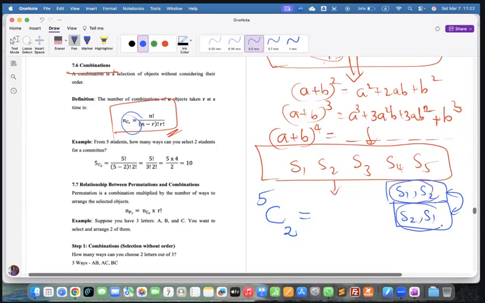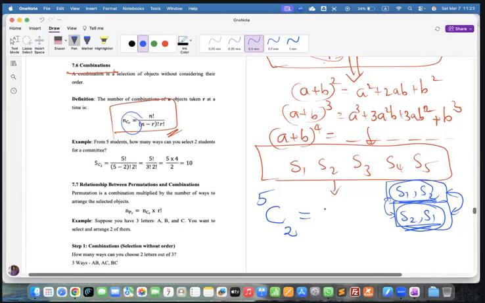In permutation, we count them as separate, but in combination, we consider them the same. This is how we can decide which equation to use.